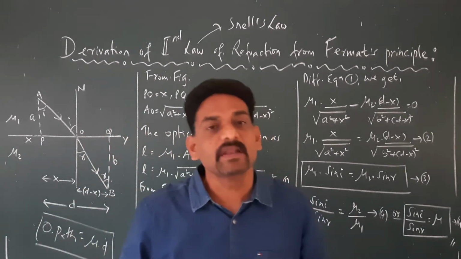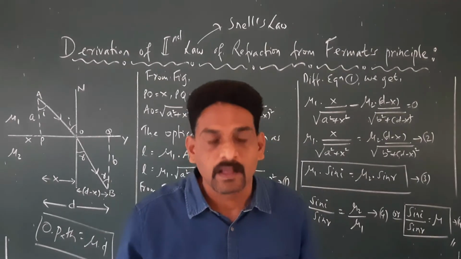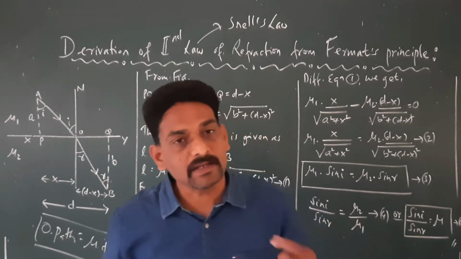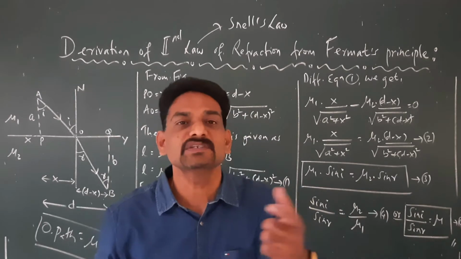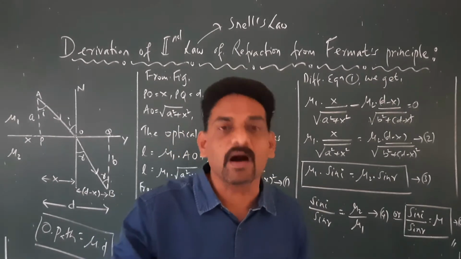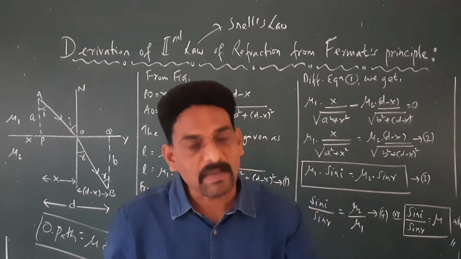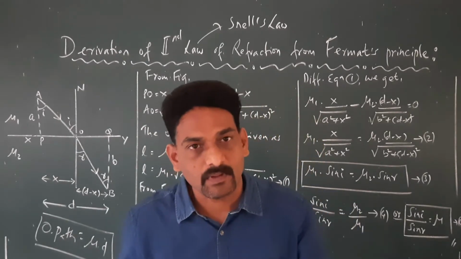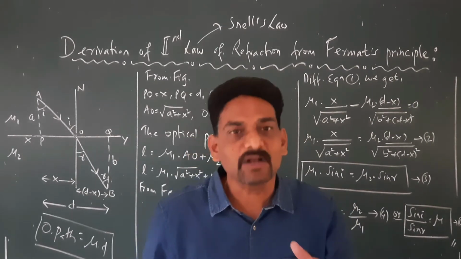That is, compared to all other paths, the time taken is going to be either minimum or maximum or stationary. Or in other words, the path taken is going to be either minimum or maximum or stationary. Right? So whether it is a maximum time or a minimum time or a stationary time, all of them are going to be some constant value.